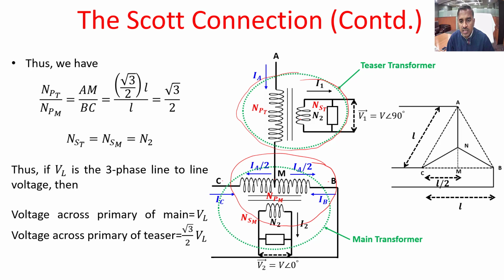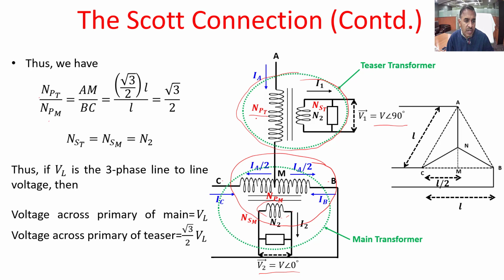This is the teaser transformer primary, and then this is the secondary of the teaser transformer. Now this is the secondary of the main transformer, and here V2 is V angle 0 and V angle 90 here is V1. So thus we have NPT divided by NPM.